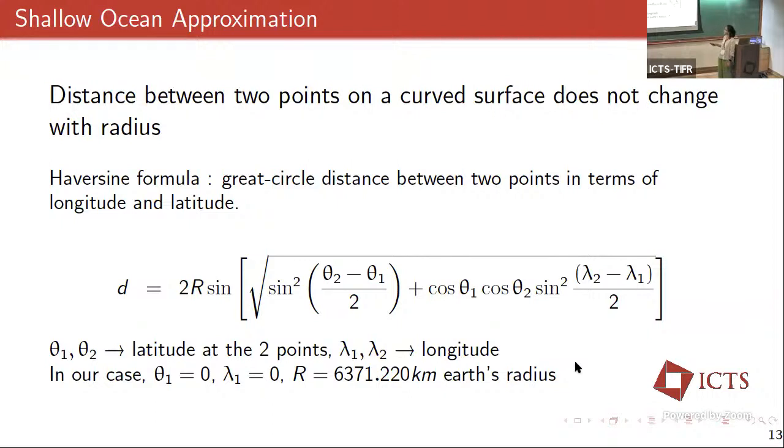It is only dependent on the angles. θ1 and θ2 are the latitudes, and λ1, λ2 are the longitudes. So this great circle distance is dependent on the latitudes and longitudes only, and the radius of the Earth is taken as constant. This is the implication of the shallow ocean approximation.